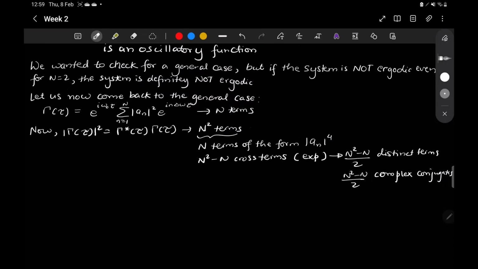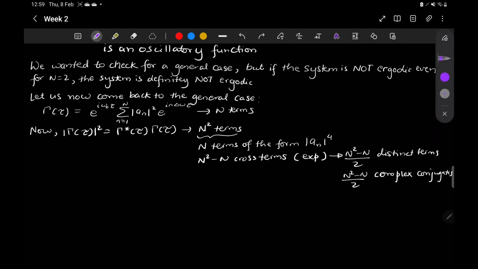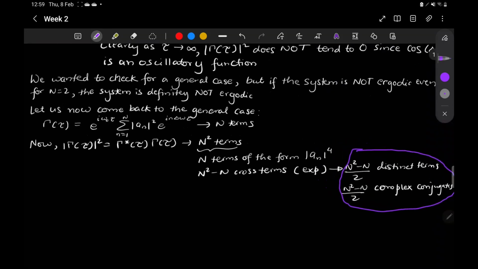And what we can do is we can basically combine these terms to give cosine like terms.